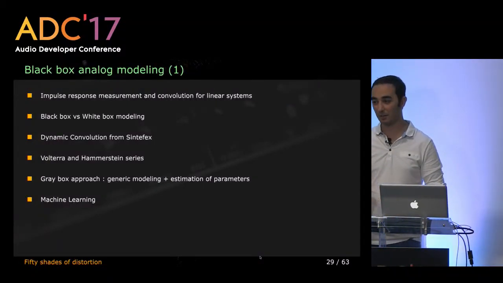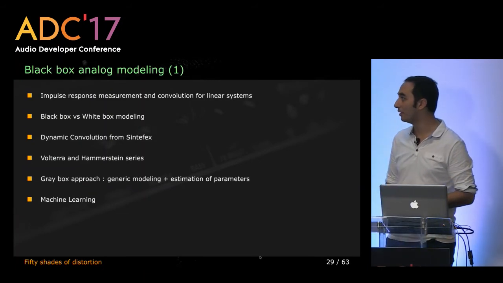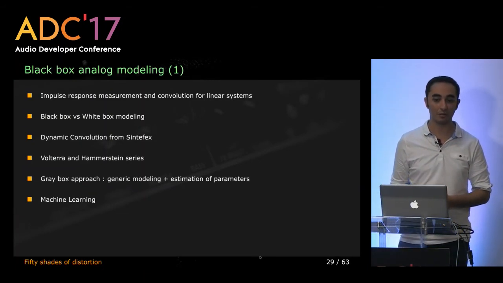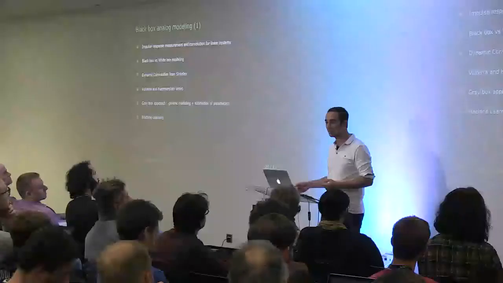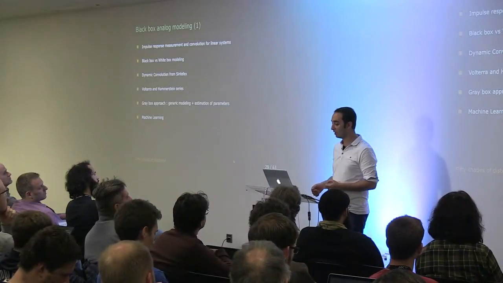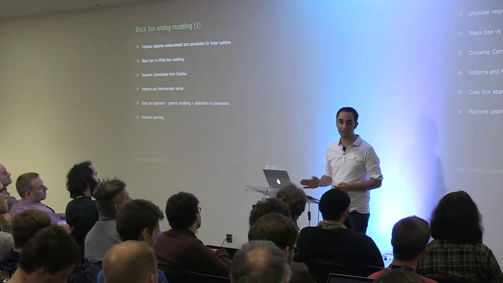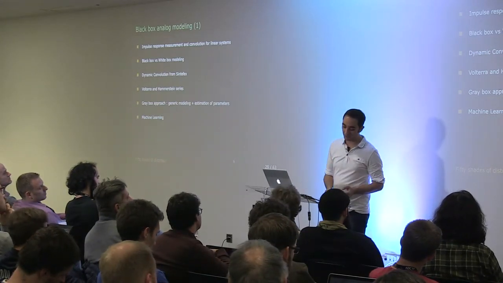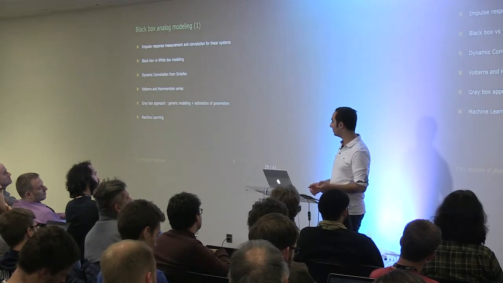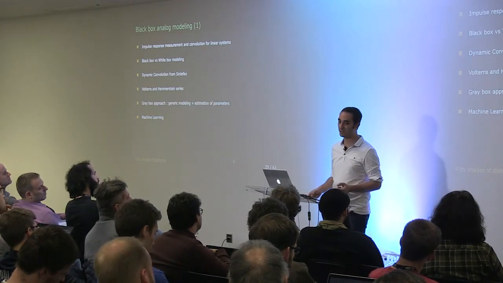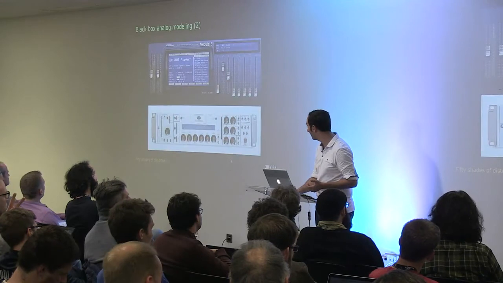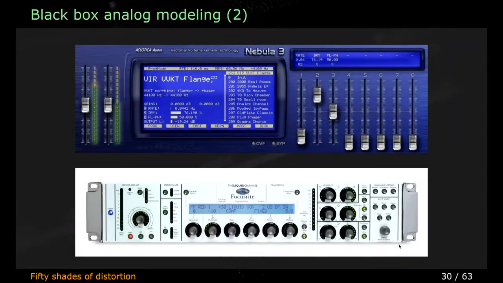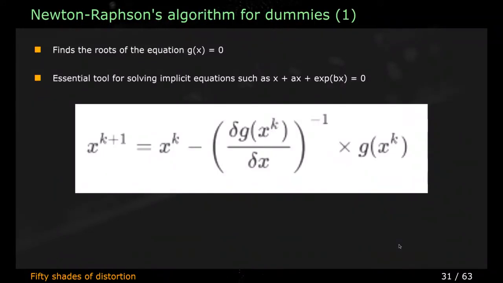But it's very, very complicated to use because basically you would need to have impulse responses which are three-dimensional or four-dimensional to be able just to model the third harmonic generation of a system. So some people are using it and do amazing things with that, but you can't do very heavy saturation with it yet, unfortunately. These are some products which use dynamic convolution and Volterra series.